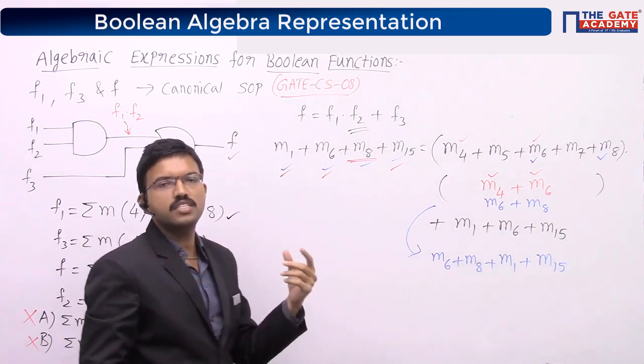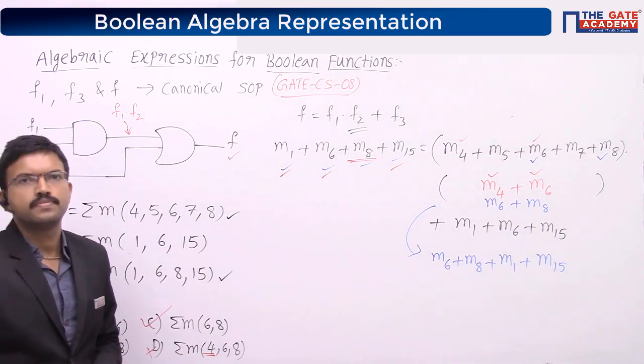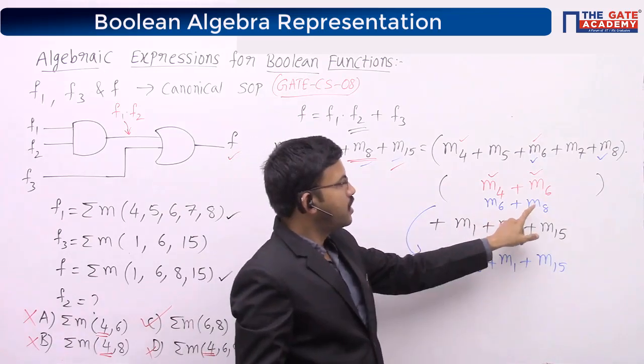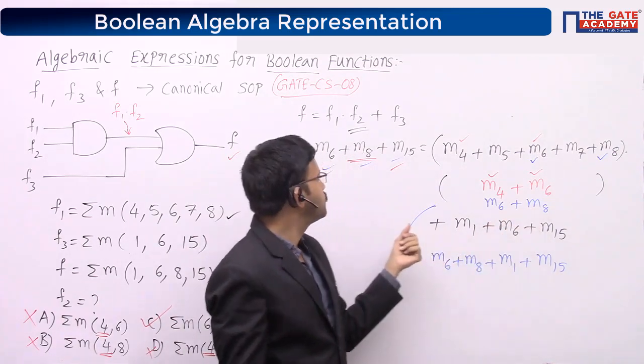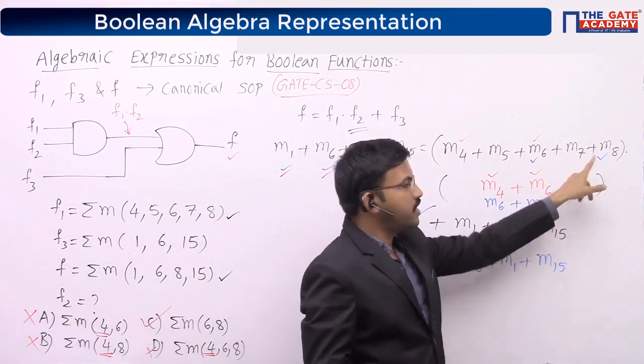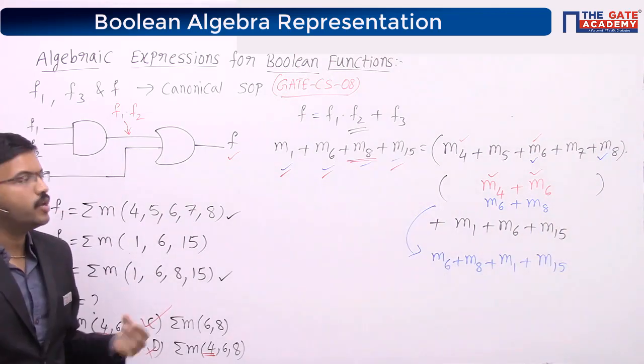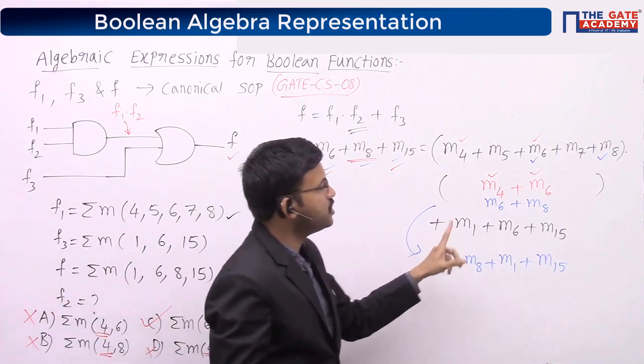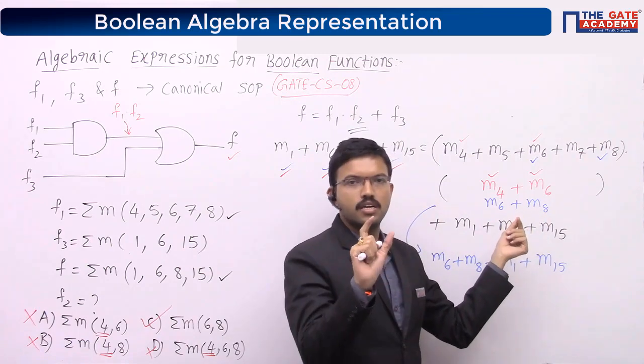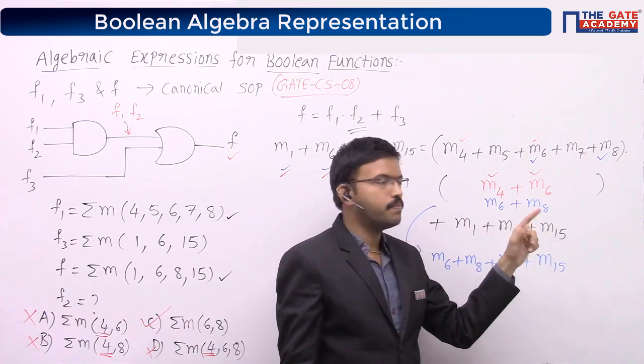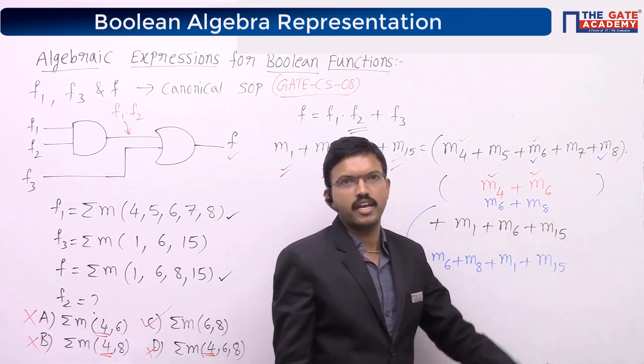If it is a numerical answer type question, the answer will be 8. Here 1 minterm will be sufficient, M8. M8 multiplied with M8 gives M8. You can make a note: if it is a numerical answer type question, then F2 will be M8, and you enter only the decimal number, so the answer will be 8.